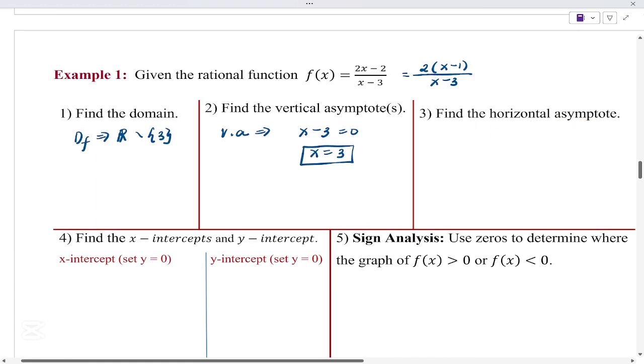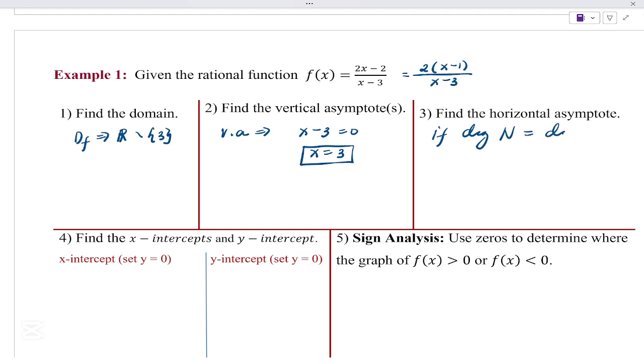And then for number 3, let us find the horizontal asymptote. In finding the horizontal asymptote, this is based on the degree of the numerator and the degree of the denominator. Since the degree of the numerator is 1 and the degree of the denominator is also 1, if the degrees are equal, the horizontal asymptote is y equal to the ratio of the leading coefficients, which is 2 over 1.